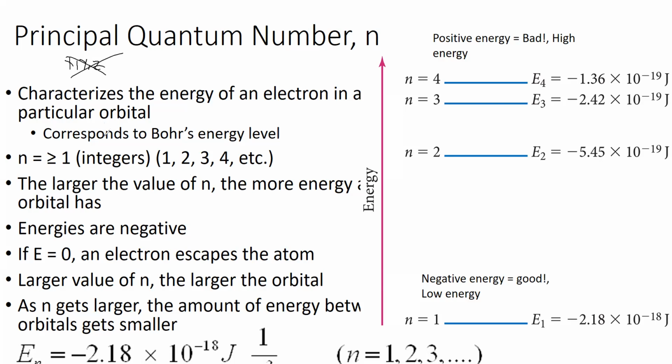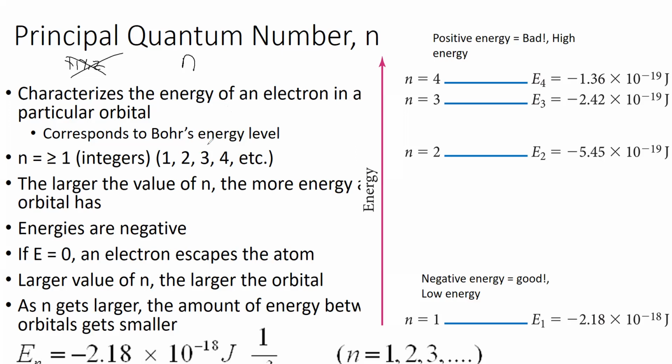Instead, we have to make up new numbers. And the first quantum number we're going to look at is called the principal quantum number, and we give it the symbol n. So n is our first variable. And n is just what energy level our electron is currently at.